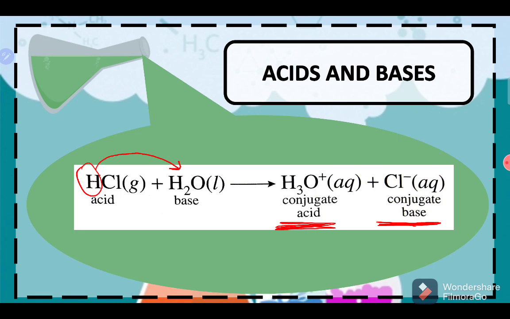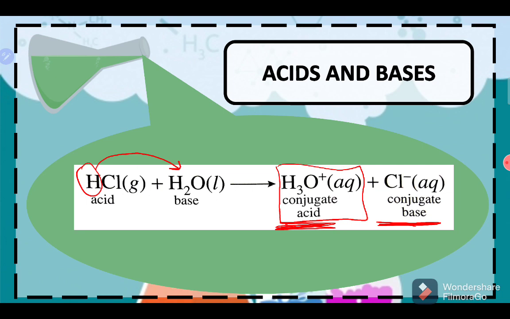Now, the one that accepts the hydrogen ion is considered to be a base, and the product of that, since it accepted a hydrogen ion, is now considered the conjugate acid of the base.